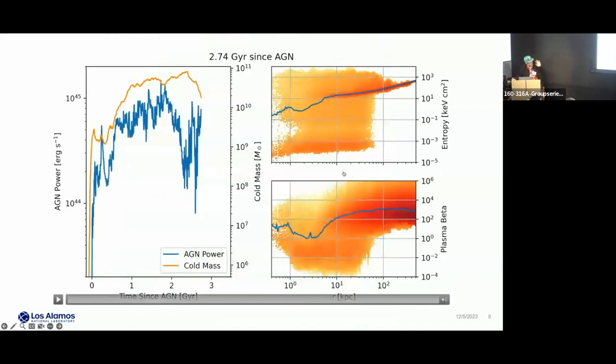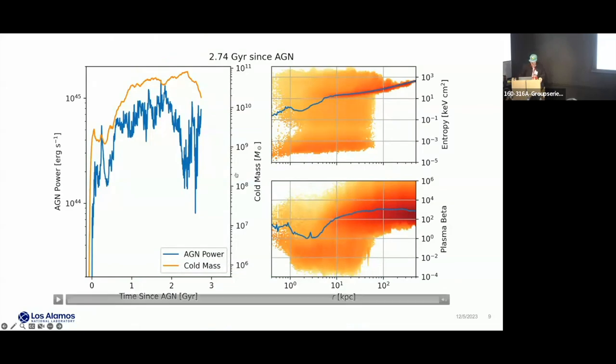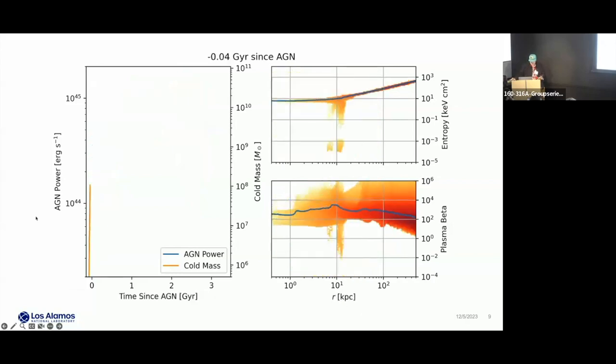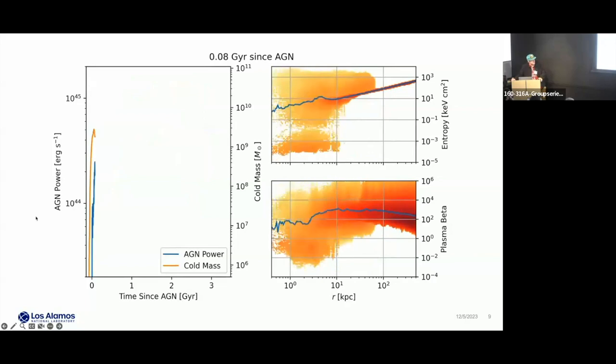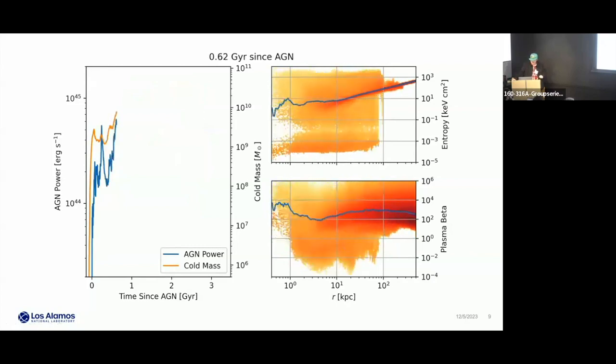So here in this movie, on the right-hand side is the AGN power and the total cold gas in the simulation as it's going along. On the left-hand side, we're going to see mass density plots, mass-weighted density plots for entropy and plasma beta. So we can see that the simulation is self-regulating its feedback, which we do expect from how we set up these simulations.